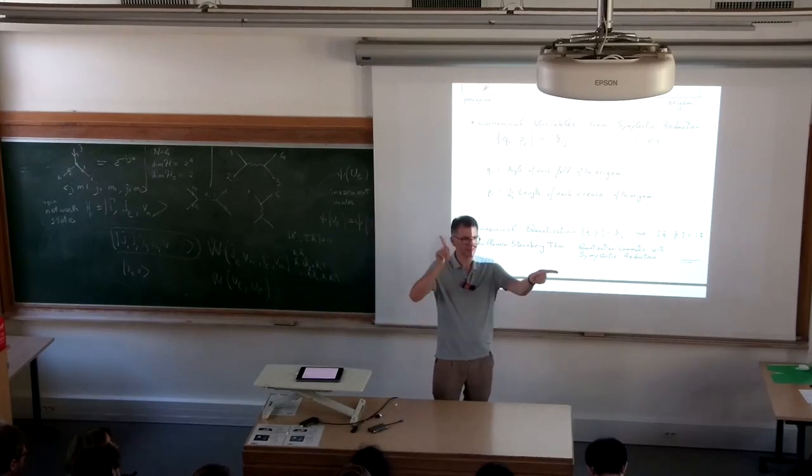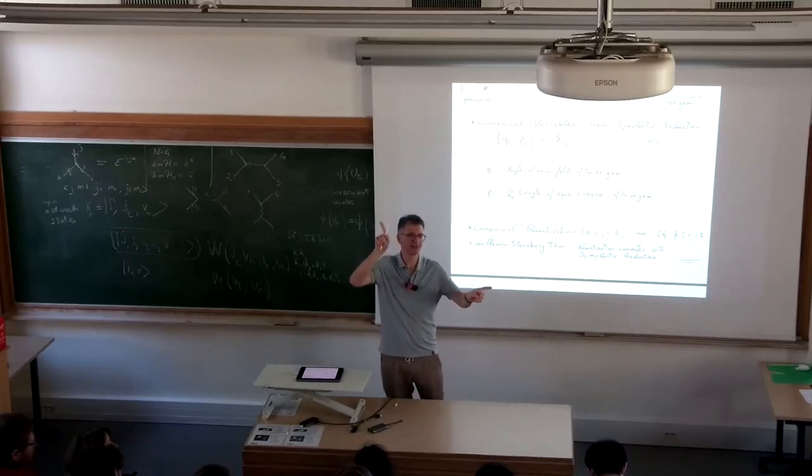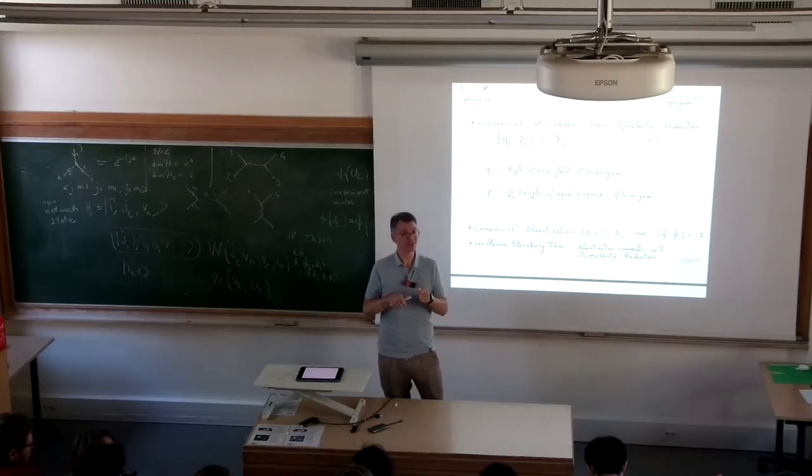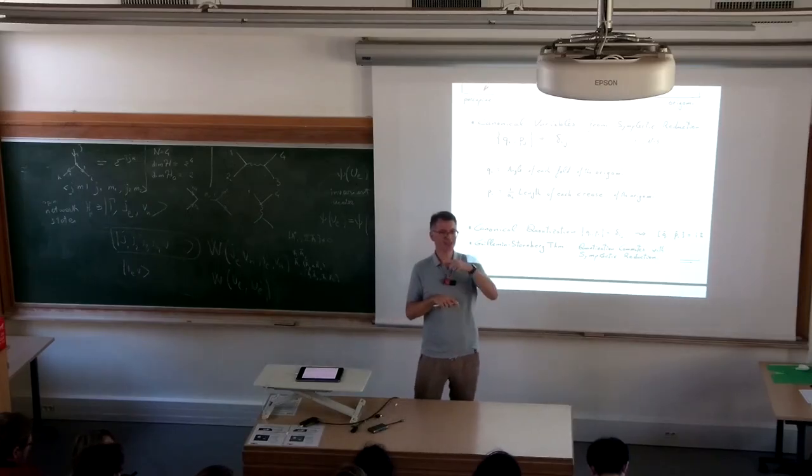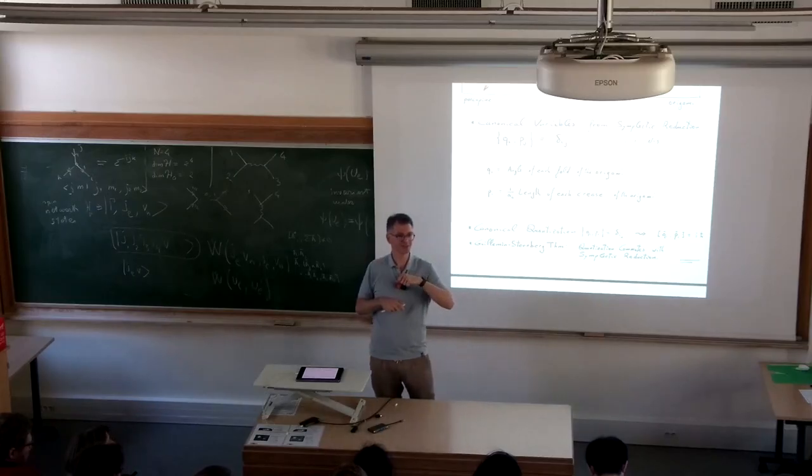You could take all these vectors, you know how to quantize each one of the vectors, they just spin. And then the constraint is just a condition, the sum of the spins has to be 0, on the states of the Hilbert space. Okay? So you first quantize and then you impose the constraint in the quantum theory. Or you could do the other way around.